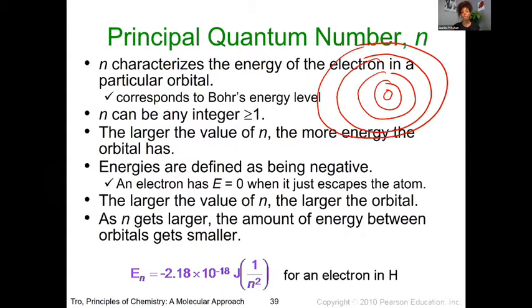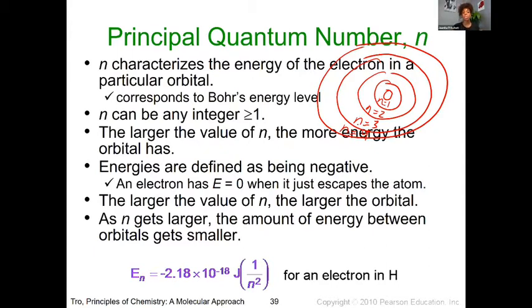The further away you get from the nucleus, the higher that n value will go. n must be an integer greater than or equal to 1. So closest to the nucleus would be n equals 1, then n equals 2, n equals 3, and n equals 4. The higher we go in that n value, the more energy the orbital will have.